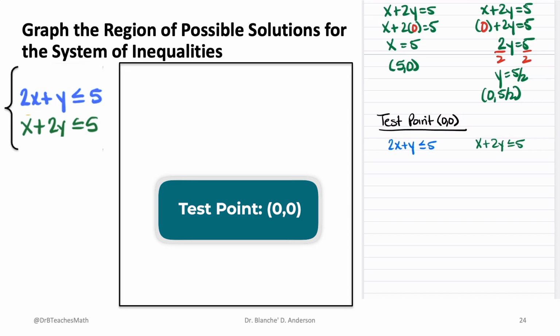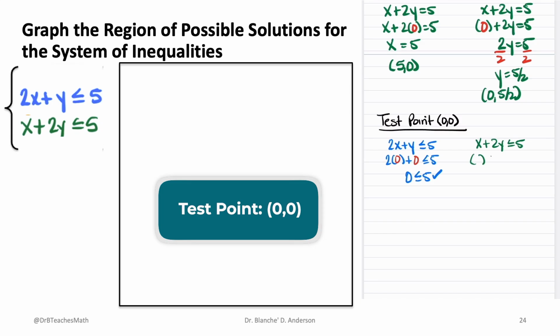So if I do 0, 0, that's 2 times 0 plus 0 is less than or equal to 5. That becomes 0, so your question is, is 0 less than or equal to 5? It works for that.